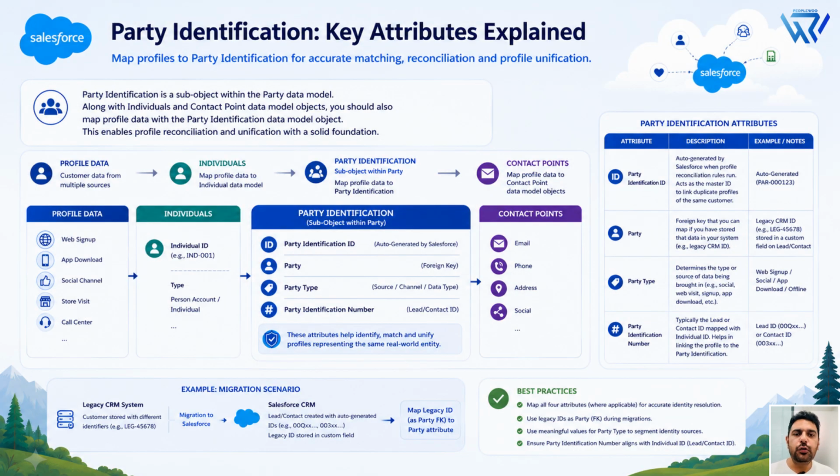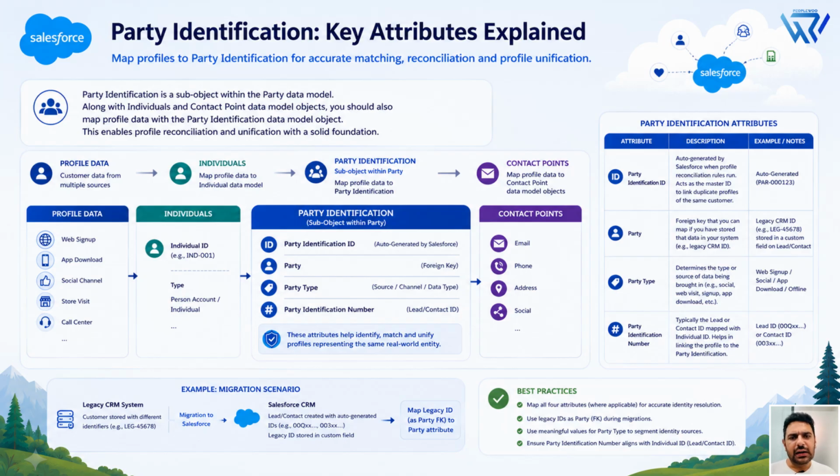The other attribute we have within the party identification data model object is party type, which determines what kind of data you are bringing. Is this data which has come from a social channel, or is it data which came from your web visits, new signups, or app downloads?